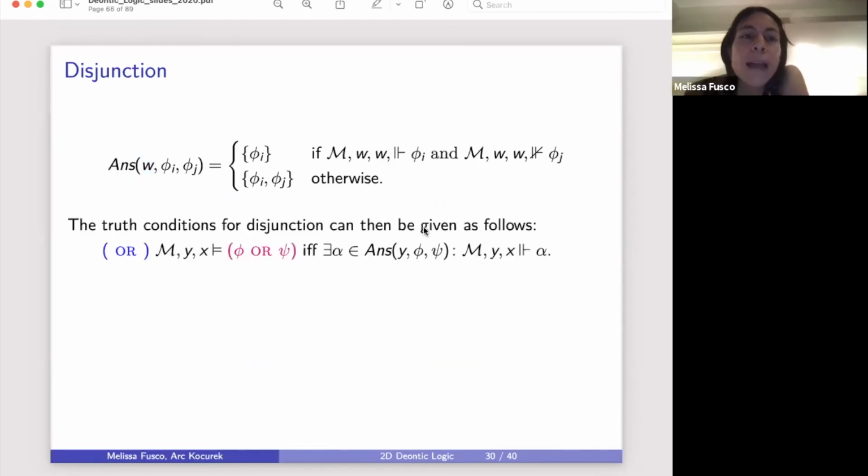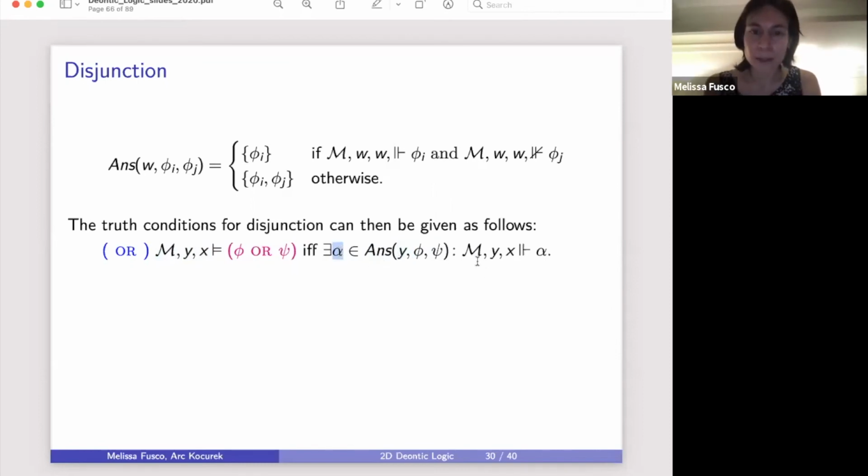So I can write the truth conditions for Boolean disjunction with the help of this answer operator. M, y, x in two dimensions satisfies phi or psi just in case there is a member of the answer set, relative to y, the world as actual. Call that member alpha.